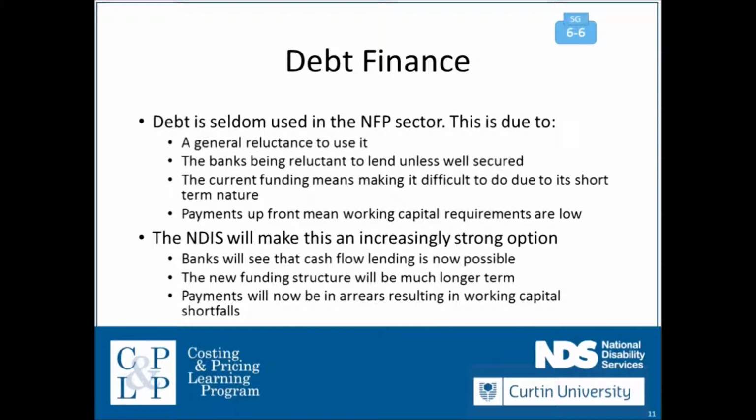Banks are starting to be more perceptive to the idea of funding NFPs, but you need to remember that there are a couple of important aspects to that. Firstly, directors are responsible for any debt finance, and particularly under the ACNC governance regulations, must ensure that they're able to repay the debt, or the organisation can pay the interest and the debt back in due course.